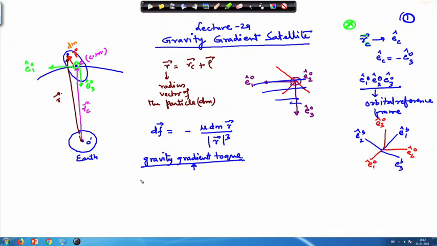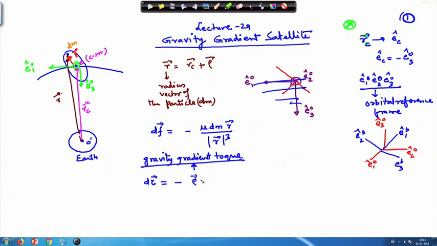So, the gravity gradient torque we can show by some notation, let us say tau.